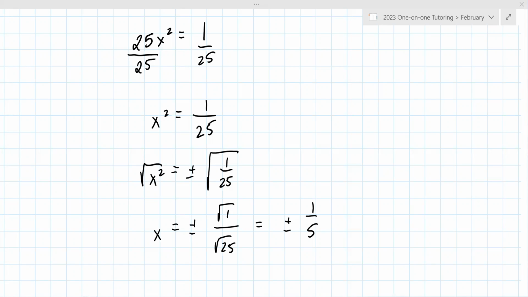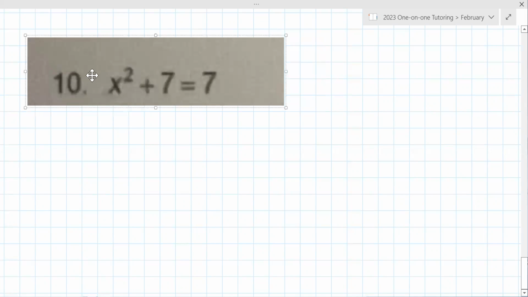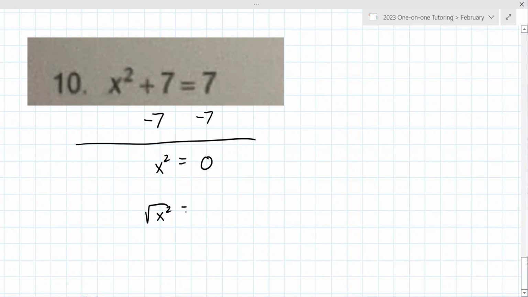All right, I'm back. So we're going to look at number 10 here. What's different about this one is when you subtract 7 from both sides, you get x squared equals 0. Now the square root of 0 is the first one where there are not 2 answers.